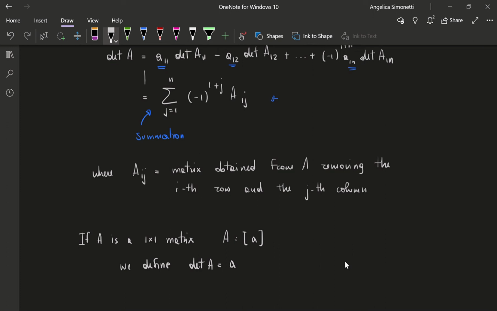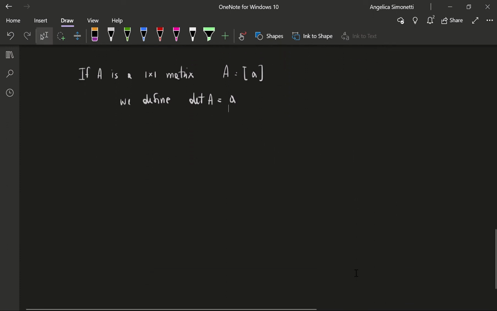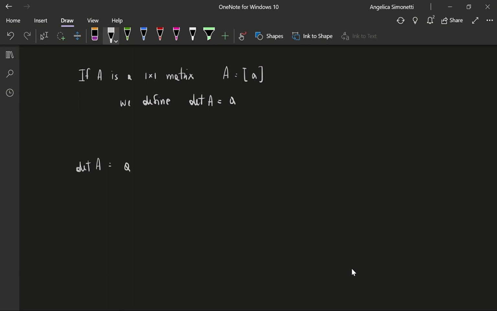Now, just a bit of notation. I'm going to rewrite the formula for the determinant a bit differently. Remember, the determinant of A is going to be a_11, and then there's a sign. I'm going to write it like this, where 1 and 1 refer to the entry that I'm looking at, and then there's the determinant of A11, and then there's another minus.